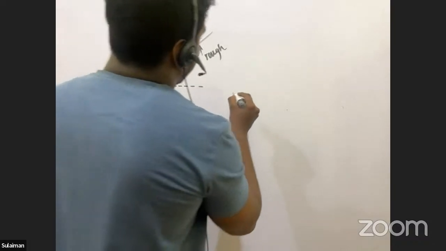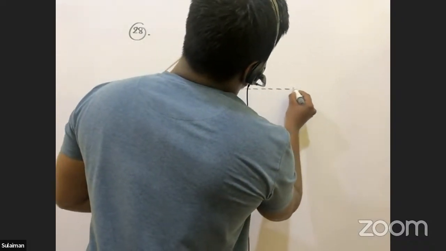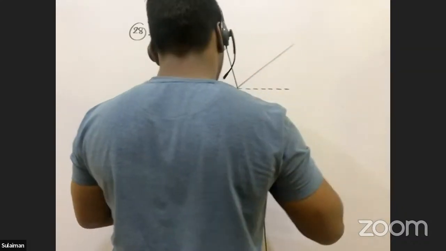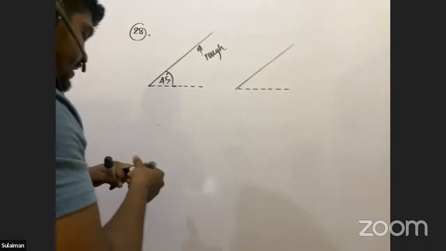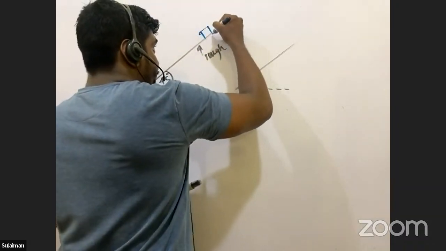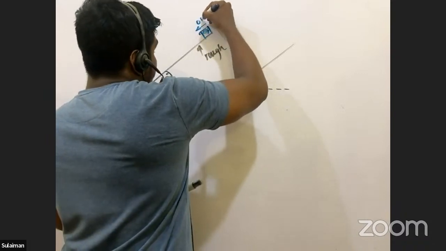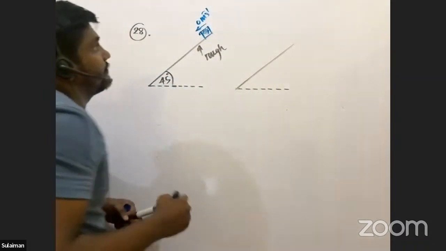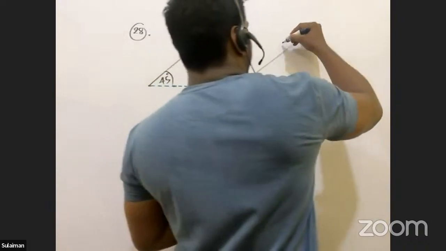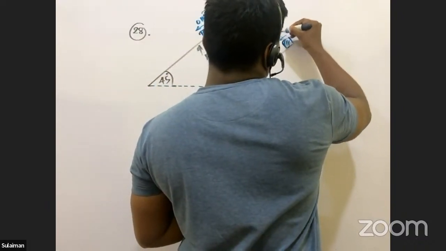That's the difference. Now there's an object. Let's say initially both the objects have initial velocity 0. No matter it's rough or smooth, initial velocity is 0.